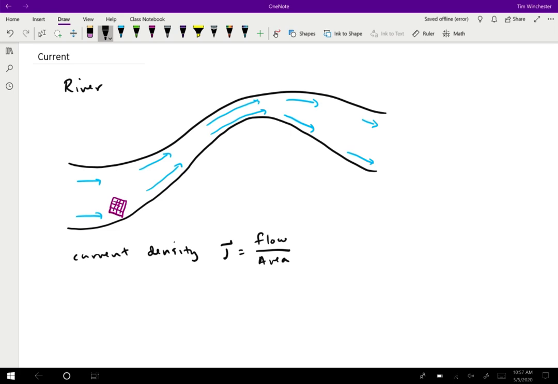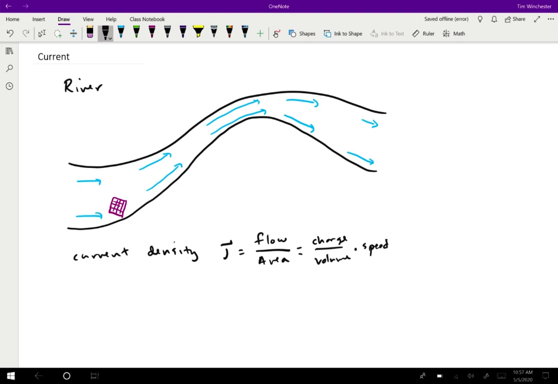Another way that I can think about it, in the case of, let's say, electricity, is I can take the charge per volume. So just how much charge there is, the density of that, and then multiply it by the speed.